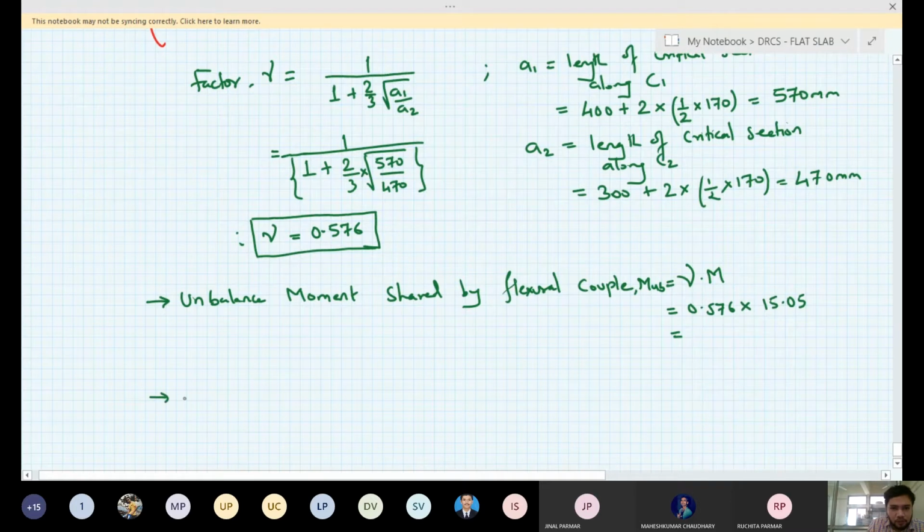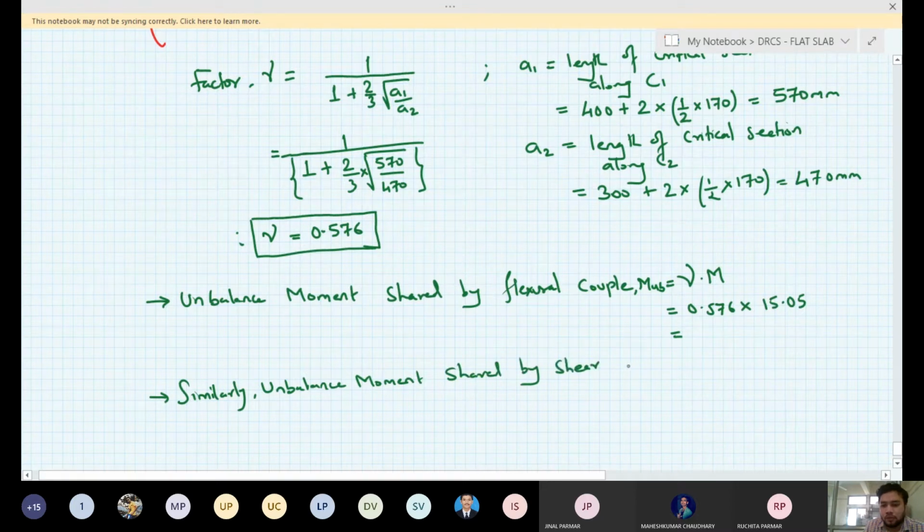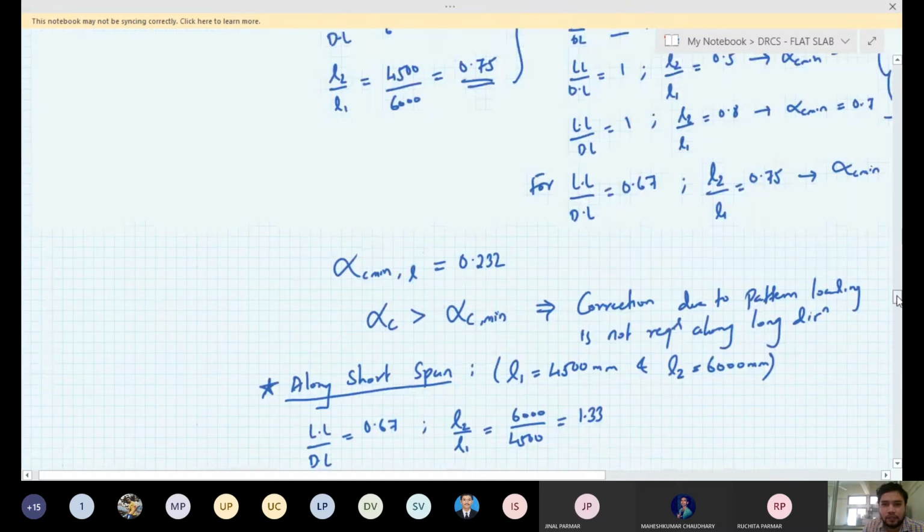Similarly, unbalanced moment shared by shear couple. Okay, see the next section.